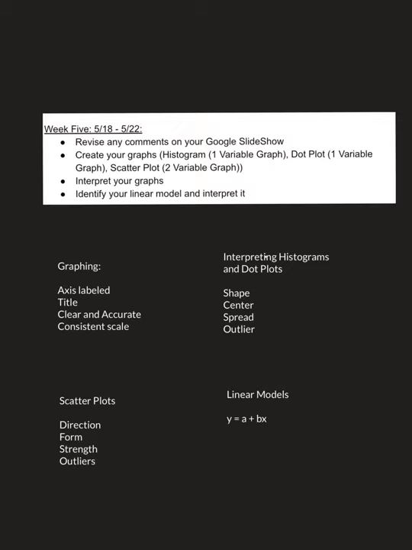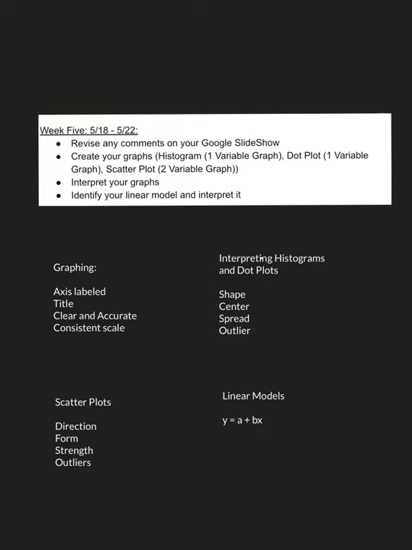The one thing I would tell you to be careful about with your linear model is notice this form: y equals a plus bx, where a is our y-intercept and b is our slope. In some forms, they switch these, where they have y equals ax plus b.